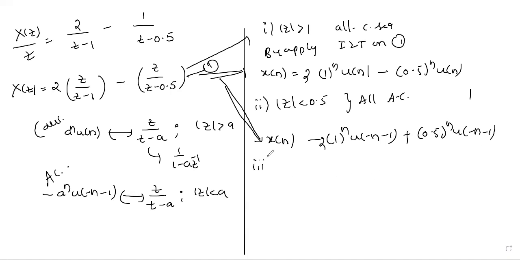And the third case, what is the ROC? 0.5 less than mod z less than 1. So this has mod z greater than 0.5 and mod z less than 1.